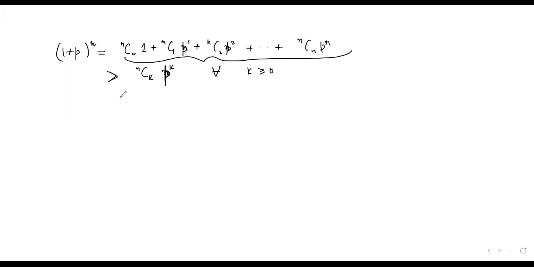Now if I evaluate this, now this is the same as n factorial divided by k factorial into n minus k factorial whole multiplied by p raised power k.